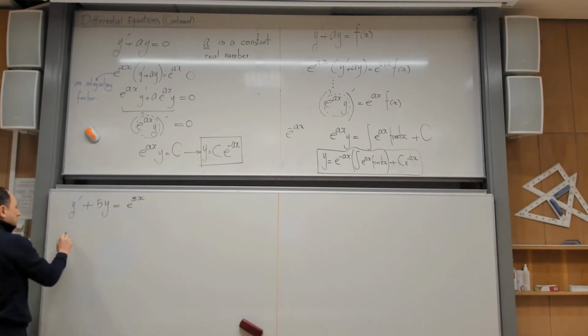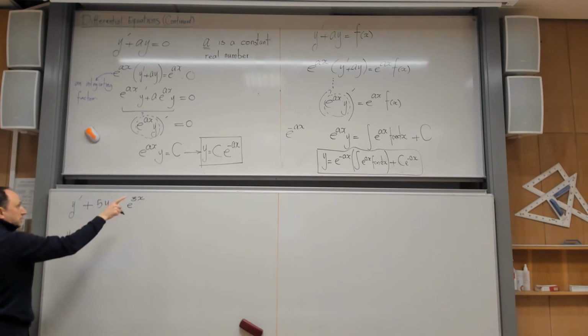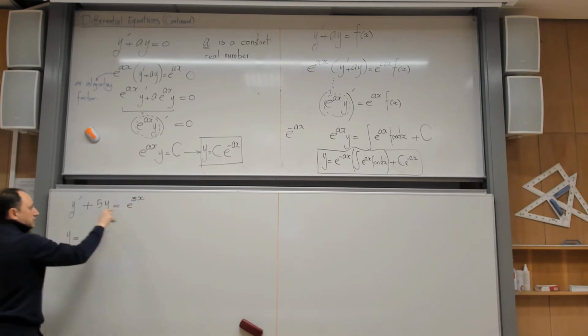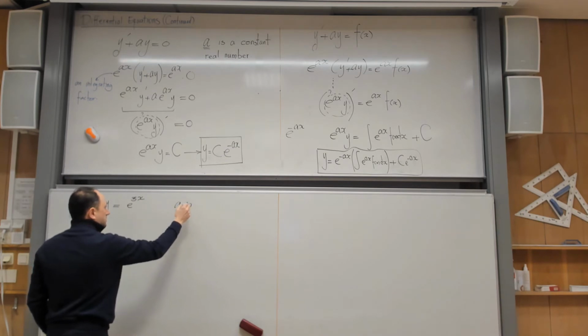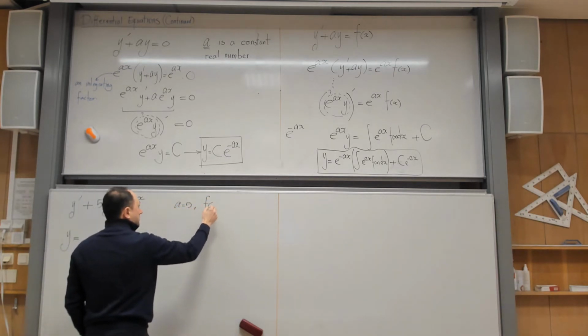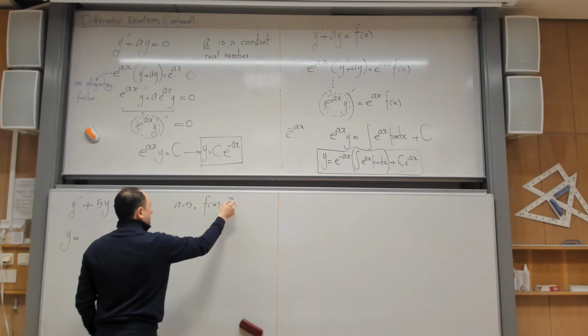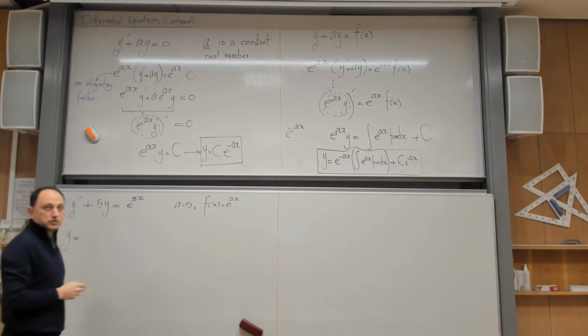The answer is equal to e to the power of minus ax. A in this problem is 5. Yes? If I ask you what is your f of x in this problem, you will tell me that f of x is e to the 3x.